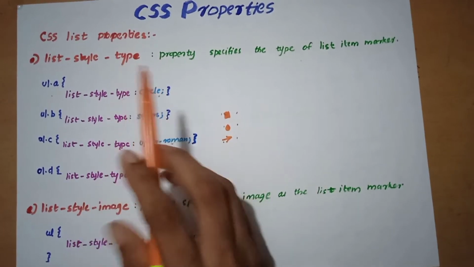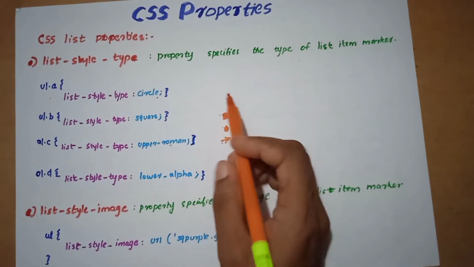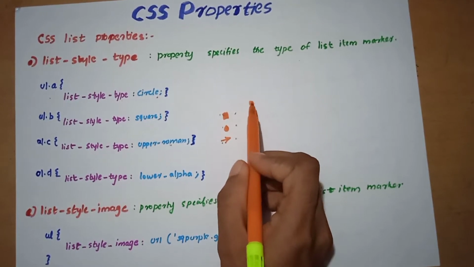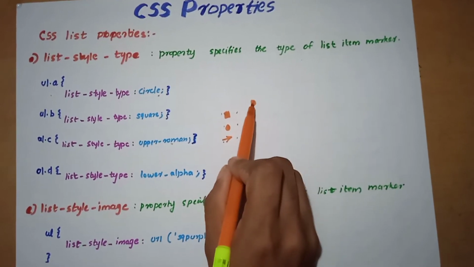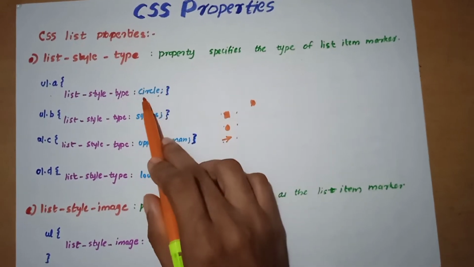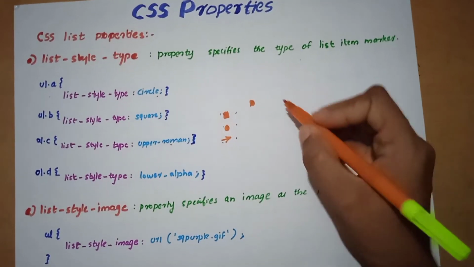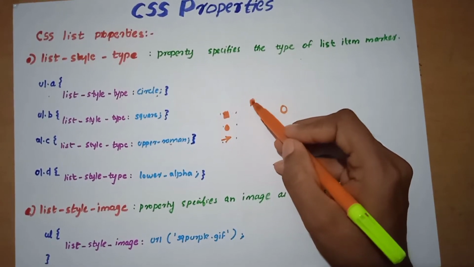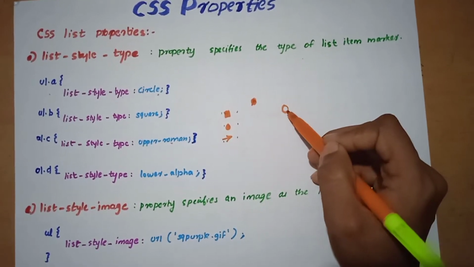That means an unordered list normally has a default list marker. This will be a circle. Circle means just this representation only. It won't be a complete dot. It can be a circle like this.